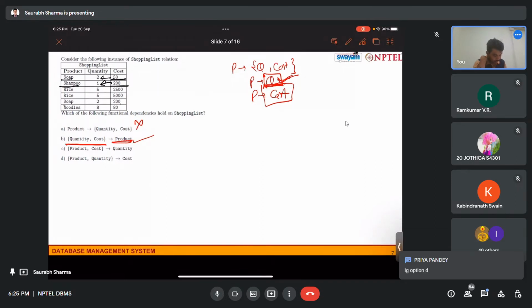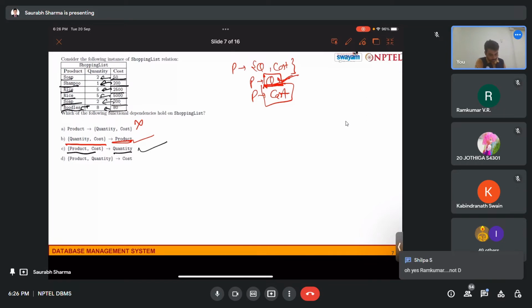No, there is only one quantity. If there is rice and the cost of 2500, it is only one unique value. For soap and 200, there is one, and noodles and 80. So we can infer that it is also holding.